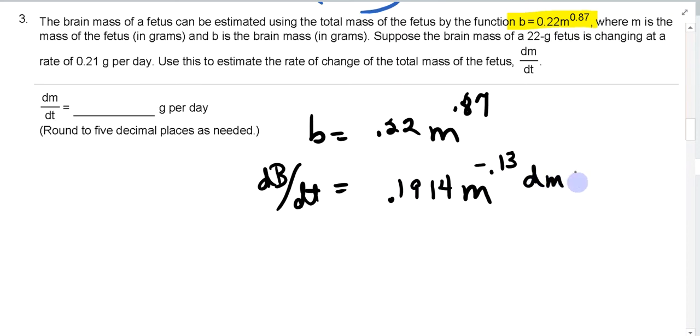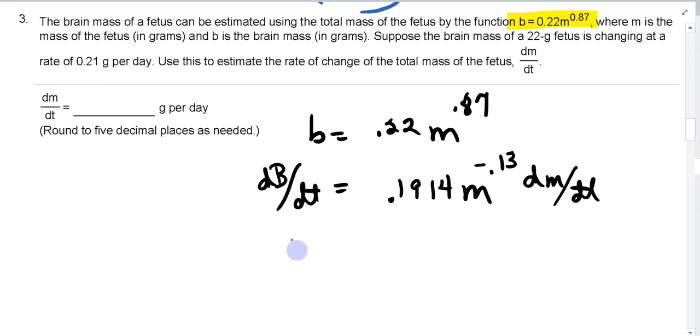And it's dm/dt. All right, so what were we given in our problem? We were given that the brain mass is changing at a rate of 0.21 grams per day. So that is here. That's the brain mass.